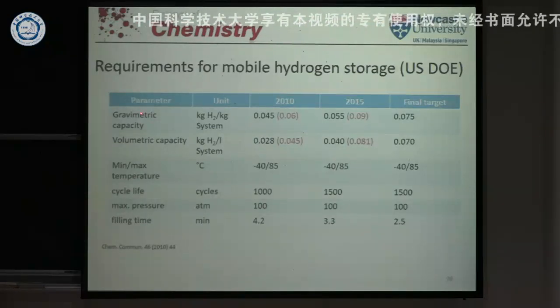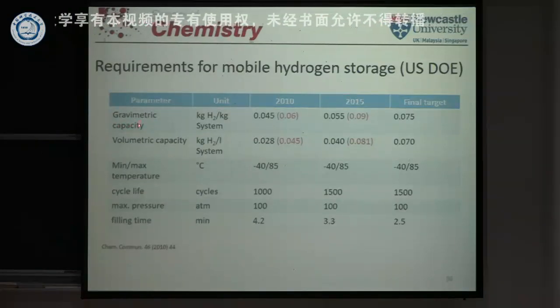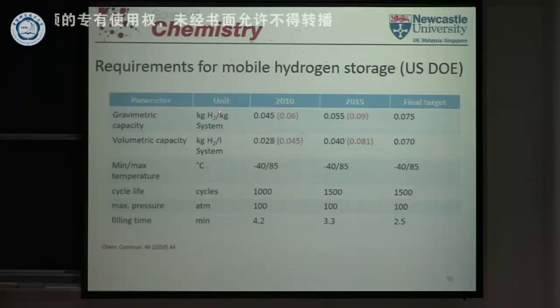And these criteria are that you have a certain gravimetric capacity. That means how much hydrogen weight I have per storage system, per kilogram of system, and I need a certain volumetric capacity. That means how much hydrogen weight I have per volume of my system.